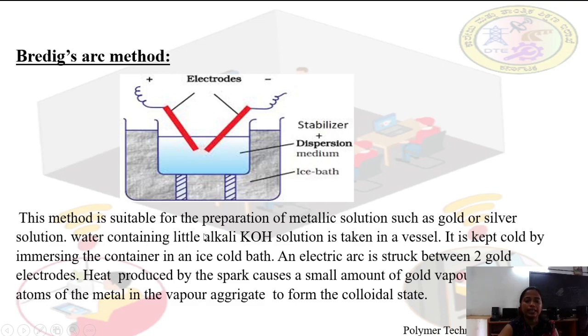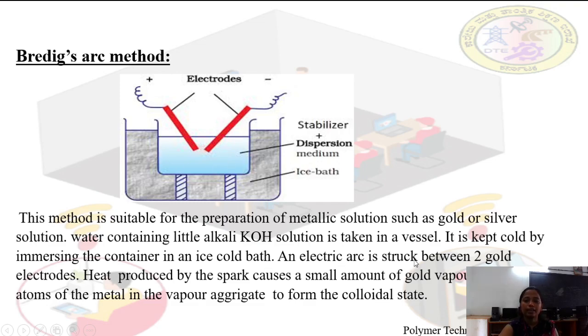Water containing a little alkali, KOH solution, is taken in a vessel. So the dispersion medium is water, and KOH is used as a stabilizer. It is kept cold by immersing the container in an ice cold bath. So this beaker containing water is immersed in another container containing an ice bath.